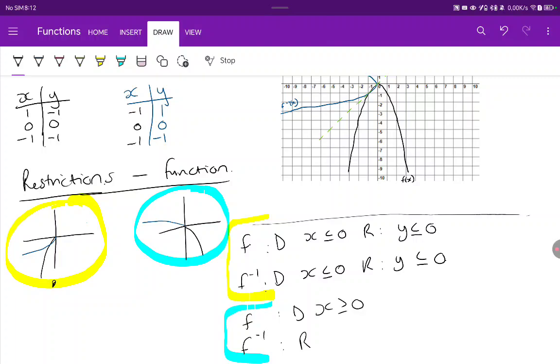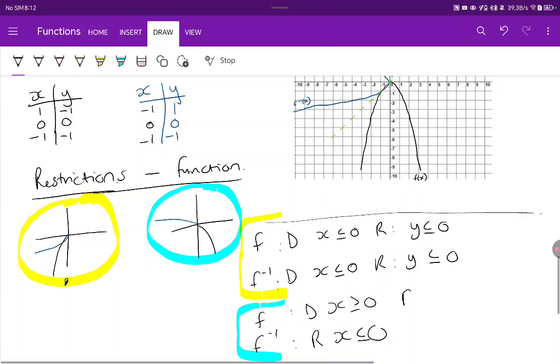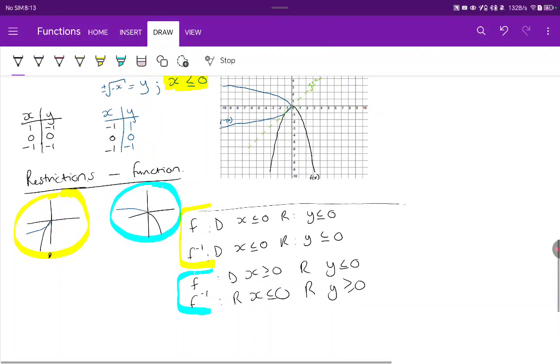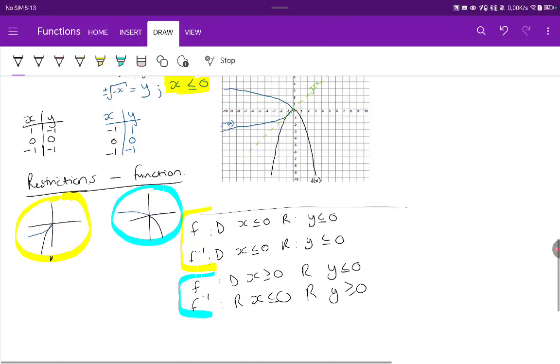Whereas the blue one, the x values are negative. And for the range over here, on the black one, y values are negative. And on the blue one, y is positive. Domain and range, those will be your various restrictions.